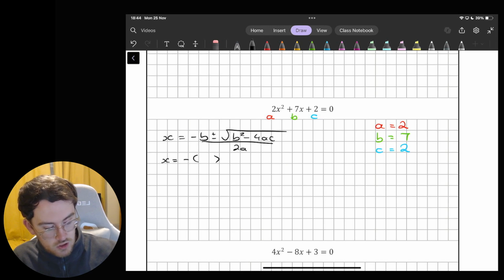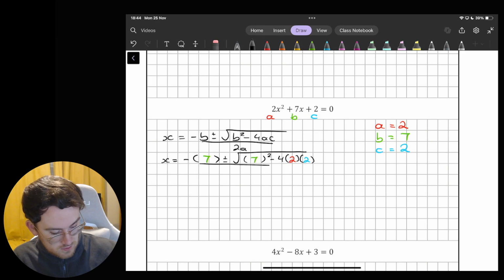Minus b, we're using brackets as we substitute, so filling that in, plus or minus the square root of b squared, so 7 squared, minus 4 times a, which is 2, times c, which is 2, all over 2 times a, so 2 times 2.